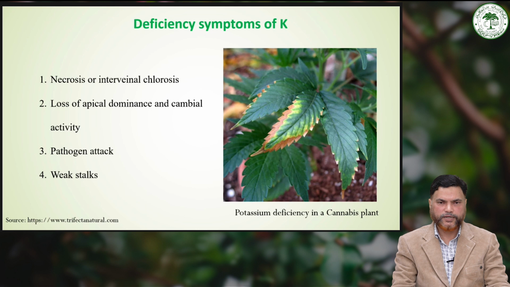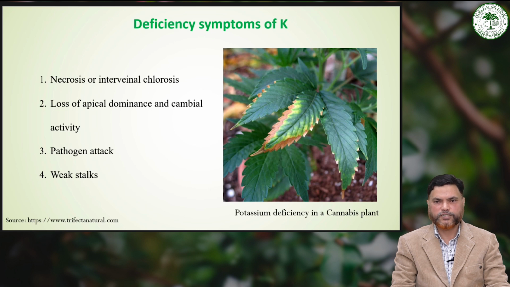So, initially we have discussed that if potassium is deficient in the soil, then like nitrogen and phosphorus, which are redistributed when facing deficiency, potassium can also be redistributed from mature to younger organs.